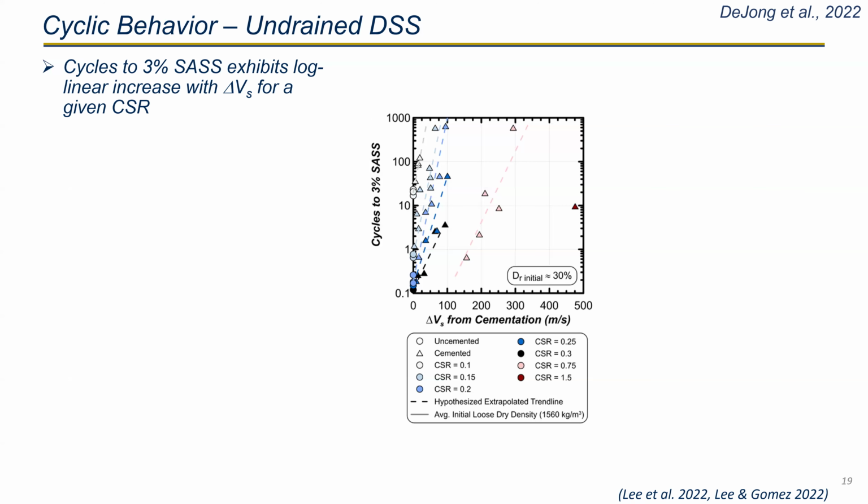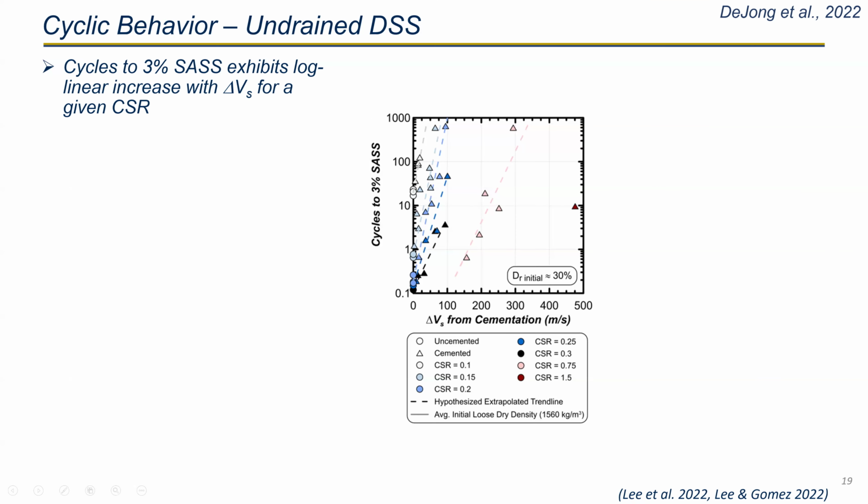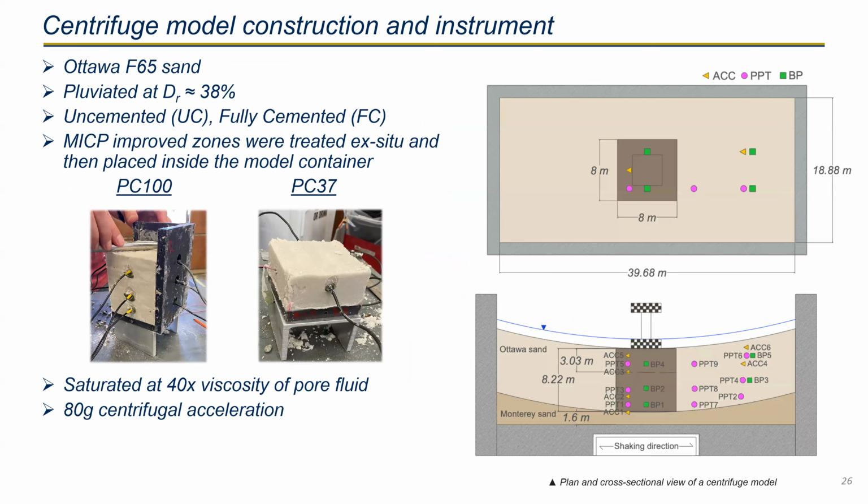Yes, that's a good question. For the lab test, to do the MICP treatment, we injected the fluid from the bottom to top and top to bottom. But we can do it because it's on a very small scale, and in the field we can't do it.